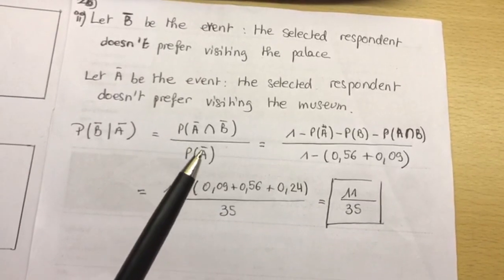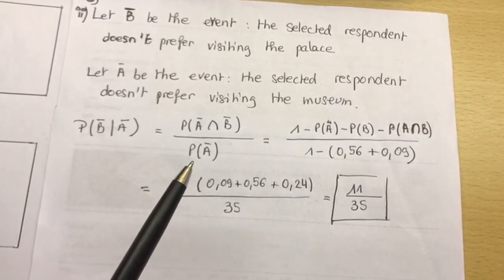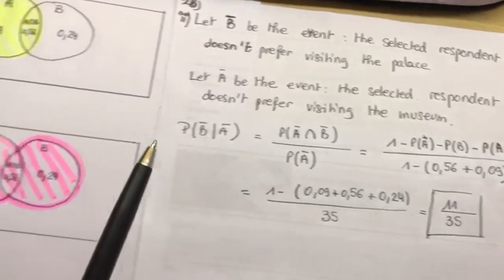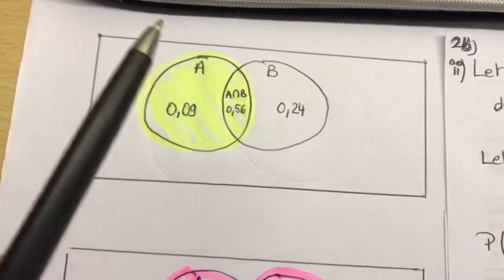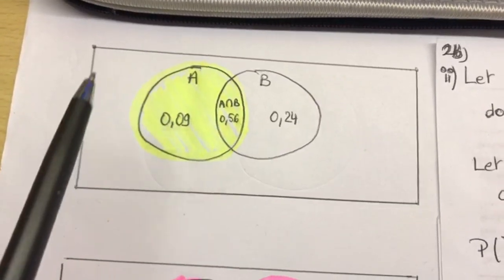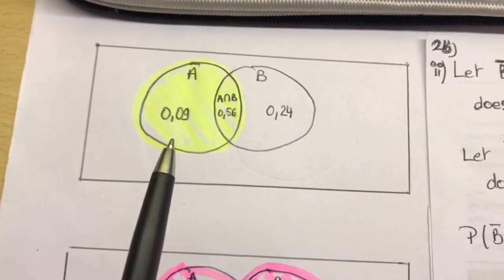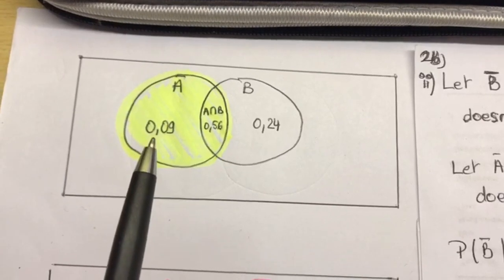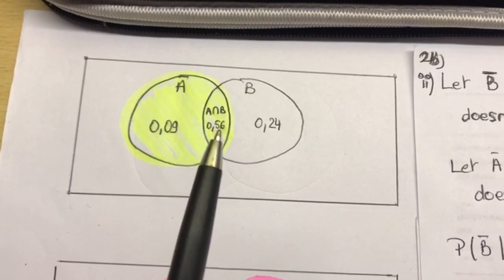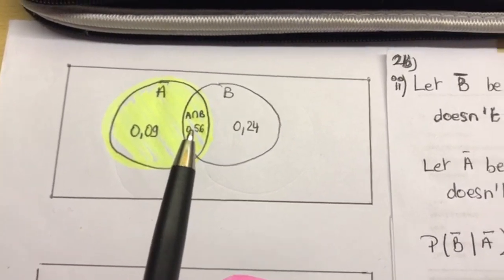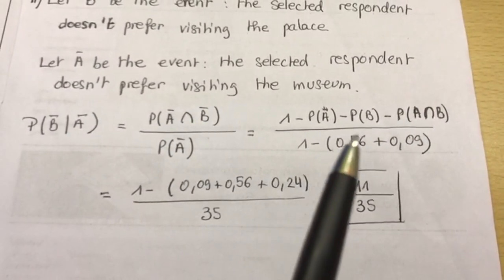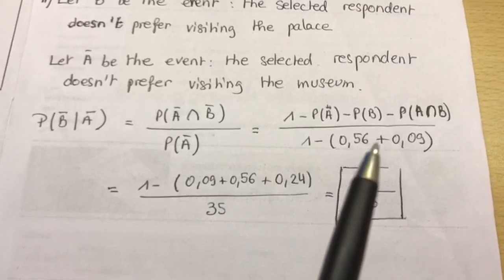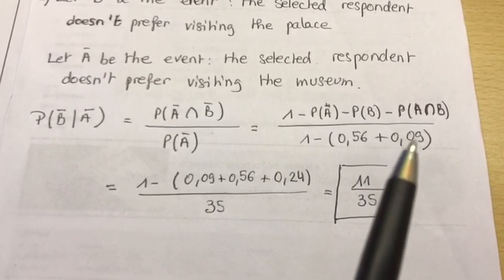So first of all, we will try to find probability of A bar. We see just over there that probability of A bar is the whole rectangle except the yellow parts, which is 0.09 plus 0.56. So 1 minus 0.56 plus 0.09.